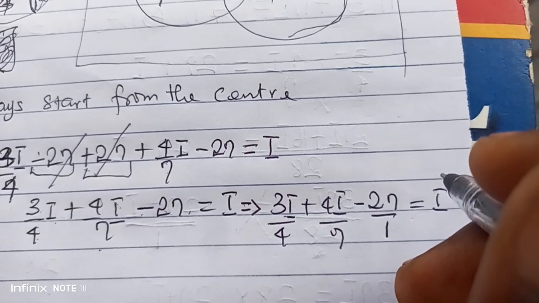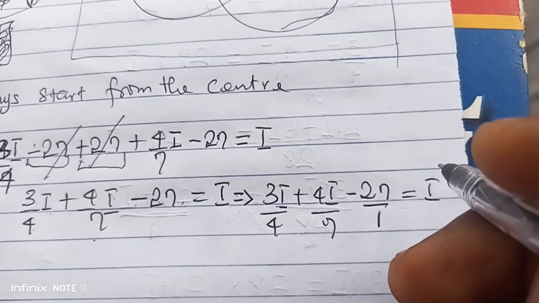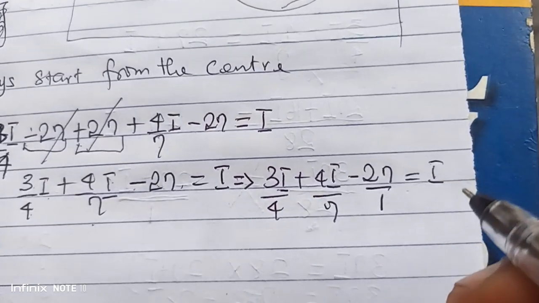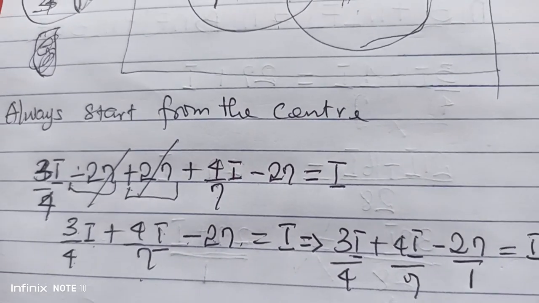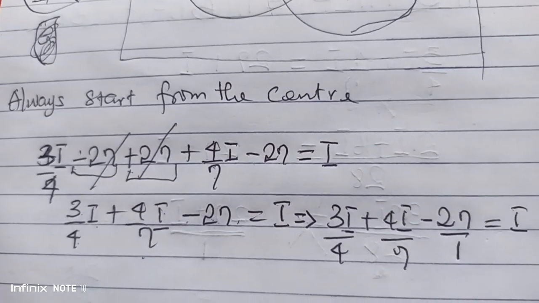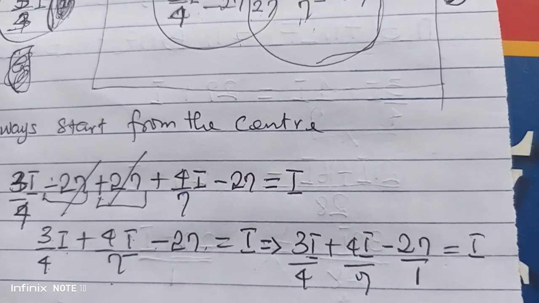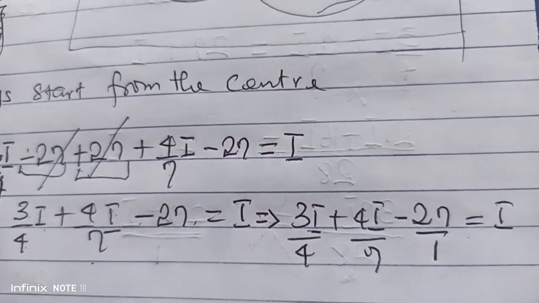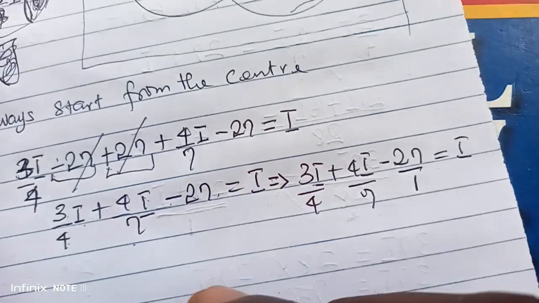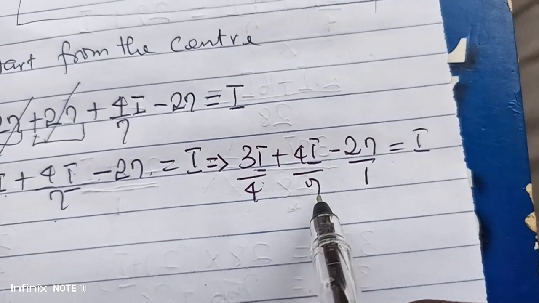The reason is because 1 is a universal denominator. So 27 divided by 1 is still 27. 27 times 1 is still 27. 27 to the power 1 is still 27. Now, what is the LCM of this and this?